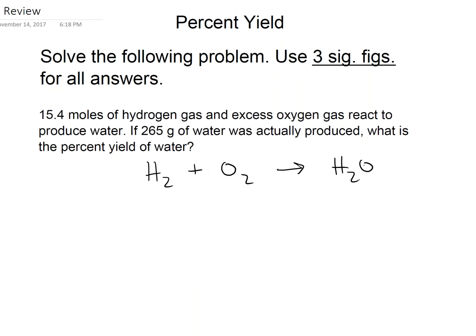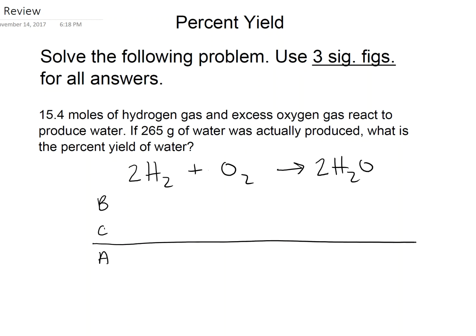Since we have 2 oxygens on the left-hand side, we'll need to put a 2 in front of the water to make there be 2 oxygens on the right-hand side. That now gives us 4 H's on the right-hand side, and so we are required to put a 2 in front of the H2 to give us 4 hydrogens. Now that this reaction is balanced, we can create our BCA table.